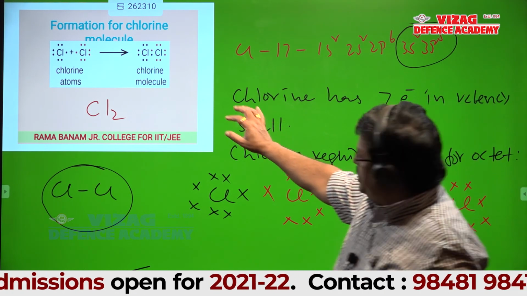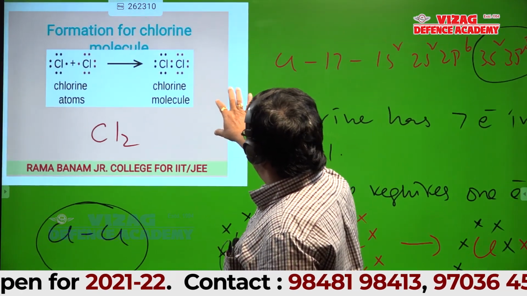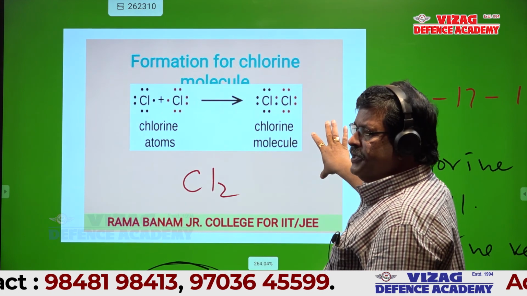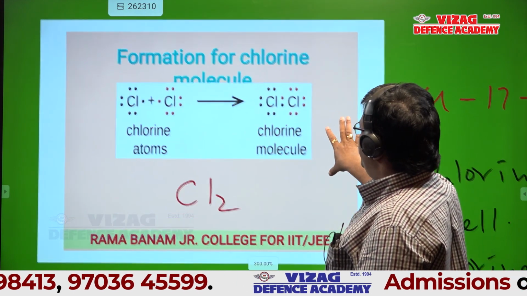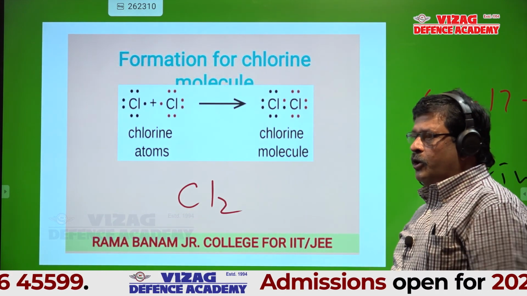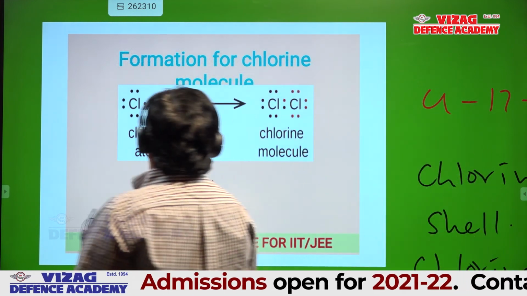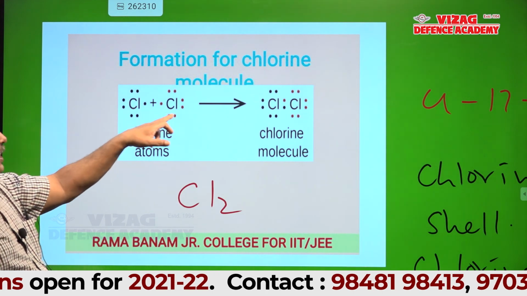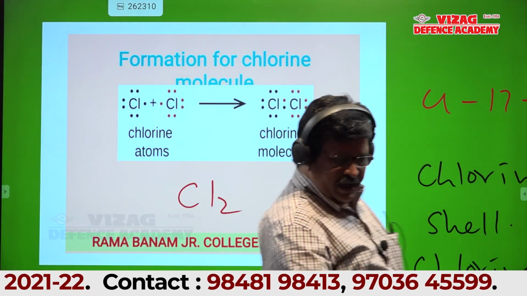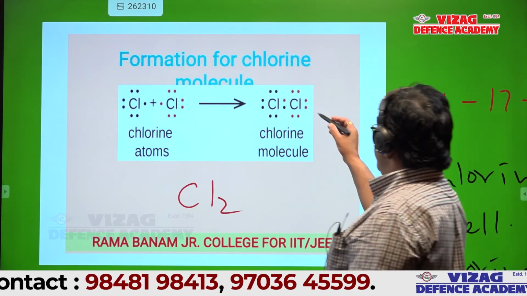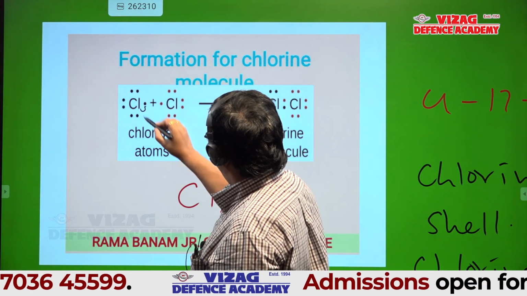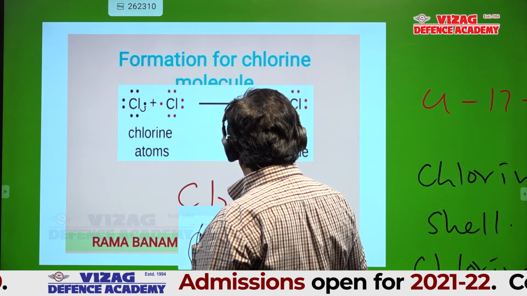See this slide, after that I will dictate the notes. Students, nothing to worry about the notes. See this molecule: 2 chlorine atoms. Each chlorine has 7 electrons. Each chlorine contributes 1 electron. This is the electron of this chlorine, and this is the electron of this chlorine.